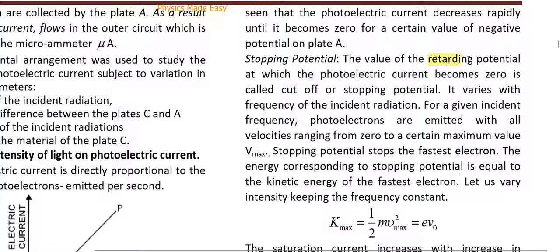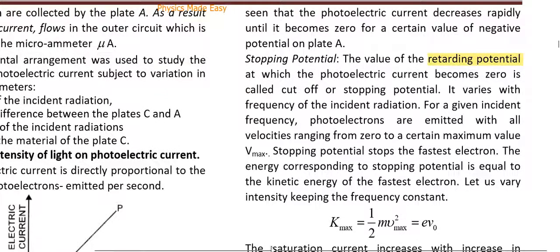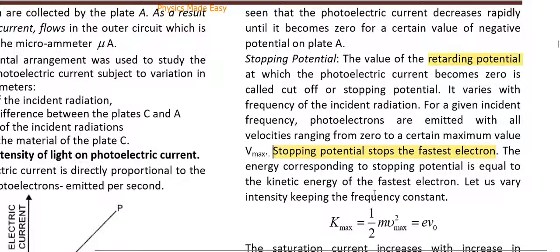Stopping potential is also named retarding potential. And this measures maximum kinetic energy. Again, listen to this sentence. Stopping potential is the potential for which the value of the photocurrent is zero. The photocurrent is zero when even the fastest electron fails to reach the anode. It means stopping potential stops the fastest electron from reaching the anode.